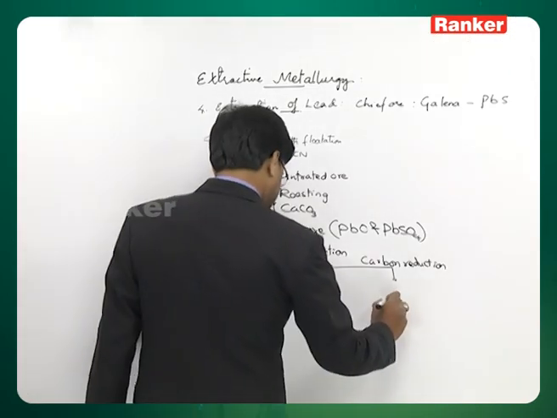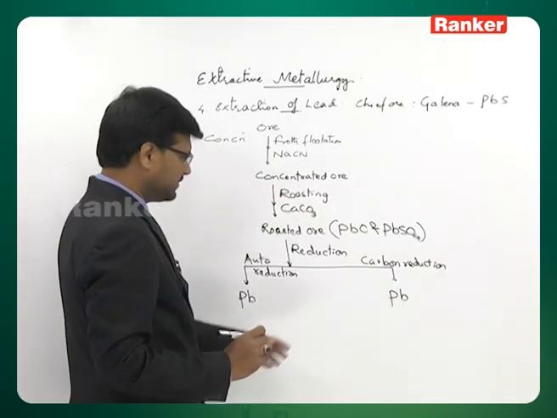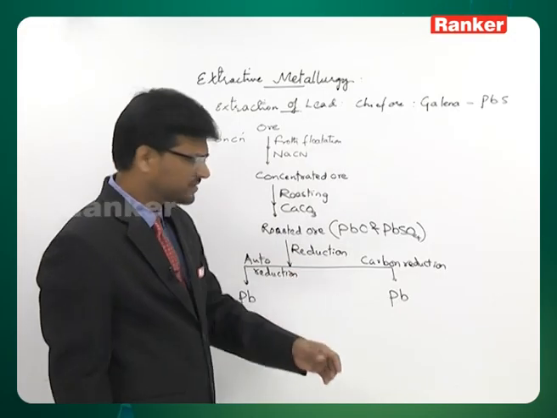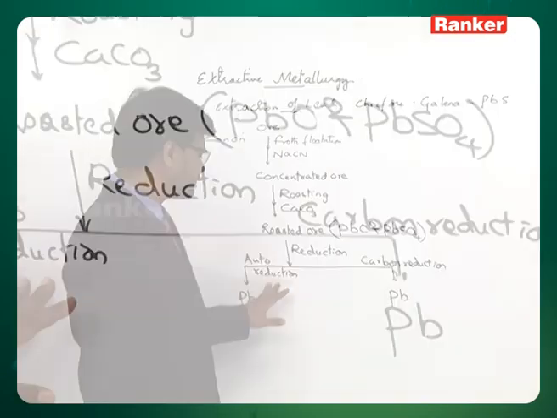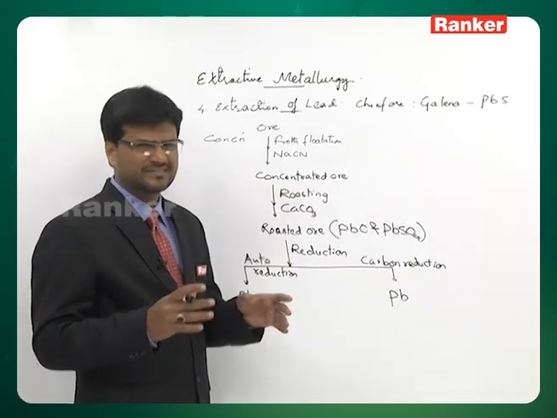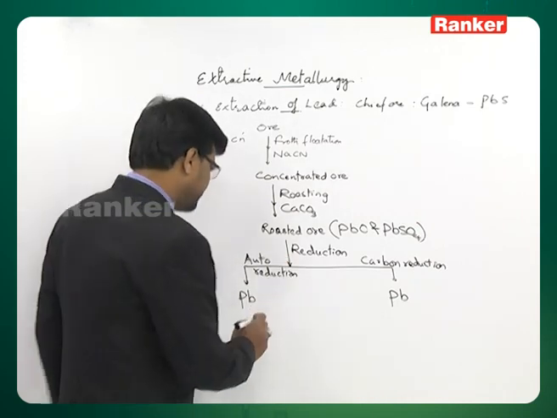Pb, and here also you get Pb. Here we use carbon, that is coke, as a reducing agent. Here we don't use any reducing agent. We make PbS and PbO to combine to give Pb and SO2.